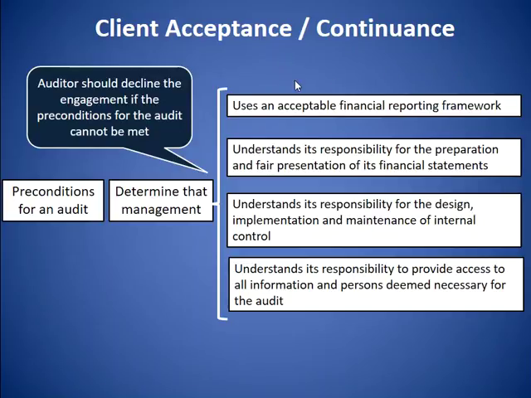In other words, not something that is custom made that nobody can understand or is a one-off. We talked about GAAP, we talked about IFRS, we've talked about special purpose frameworks, and there's a number of other frameworks, but it has to use an acceptable financial reporting framework.